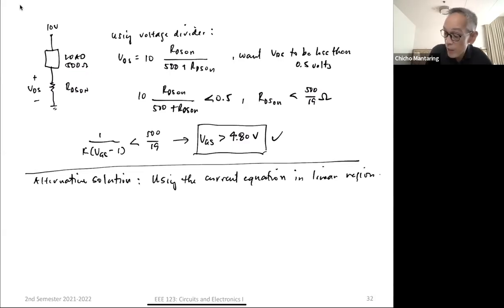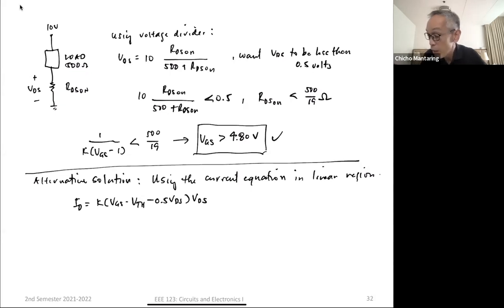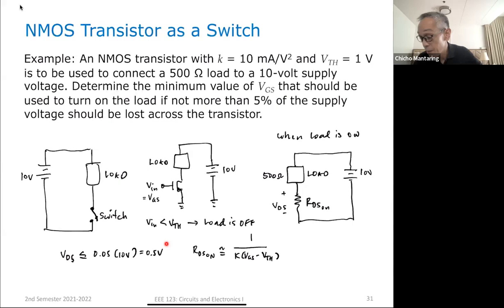The current equation in the linear region: ID is equal to K (VGS minus VTH minus 0.5 VDS) multiplied by VDS. Now let's solve for ID, assuming VDS is equal to 0.5 volts, because that is the maximum value we will allow VDS to be, 0.5 volts.